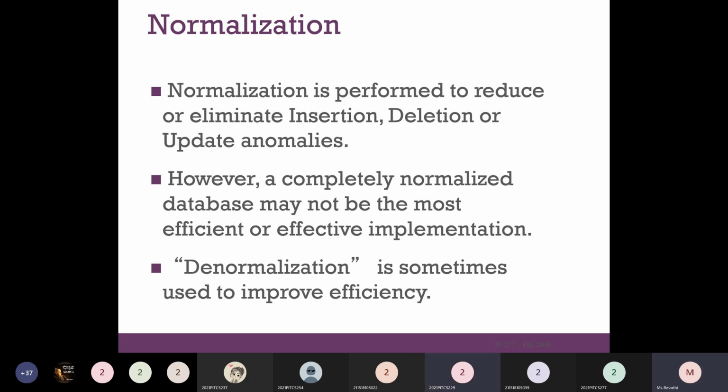To avoid such demerits, sometimes we opt for denormalization. That's why we limit it: a relation can hold up to third normal form. Imposing higher levels of normalization complicates your database design, and it affects data extraction or query time. So a completely normalized database will not be considered the most efficient one.